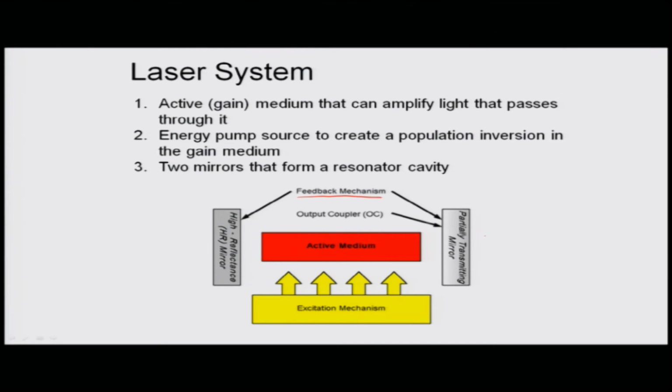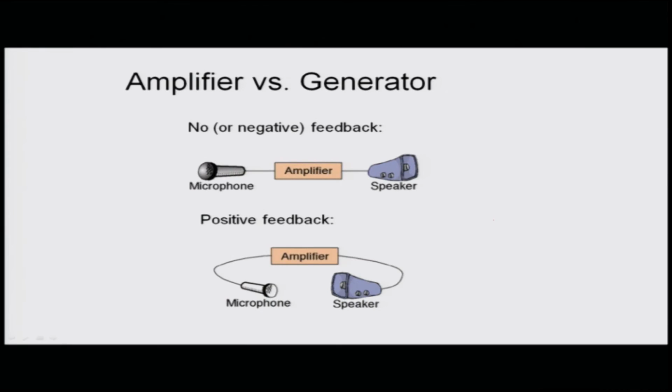The energy pump source creates the population inversion in the gain media, and the two mirrors that are being referred to here form the resonator cavity. So, this is the principle that we use here, in which we have the idea of a positive feedback, where the amplifier output is being fed back into it.